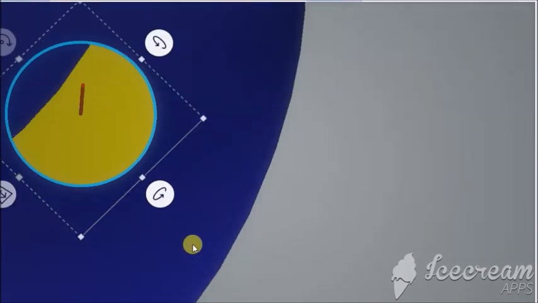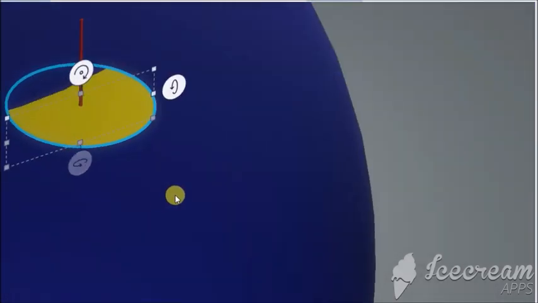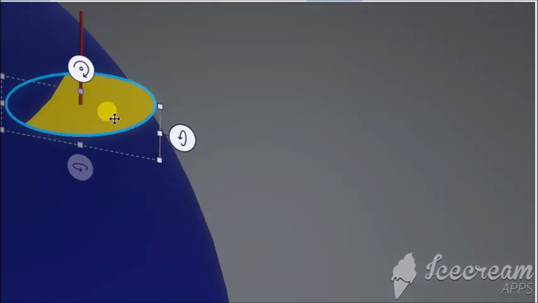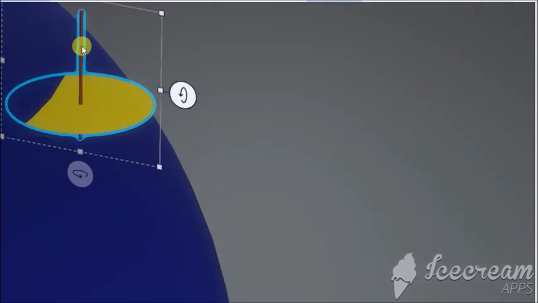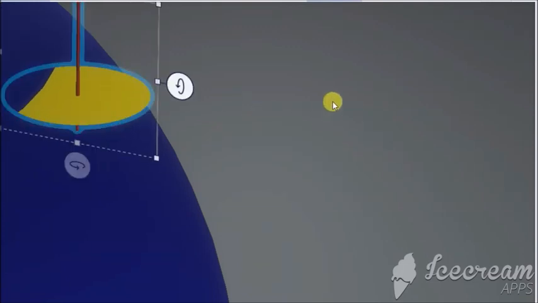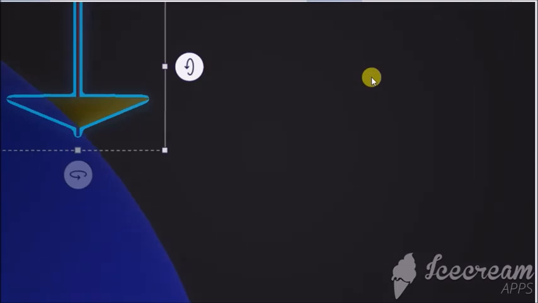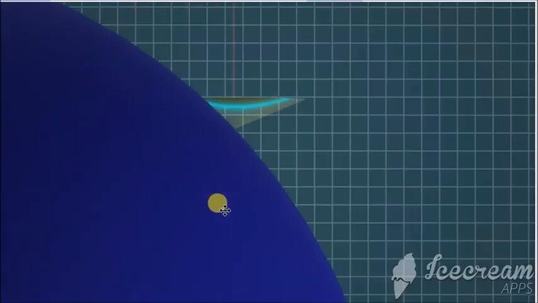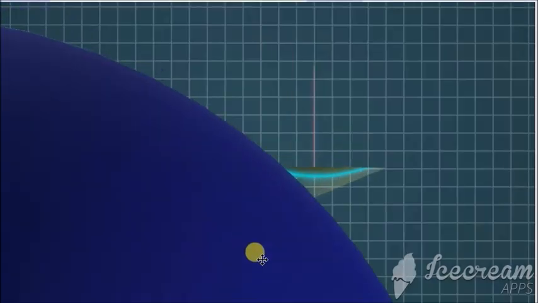Okay, now let's move towards the North Pole. And we have to make sure that the tip of the cone is exactly on the Earth.